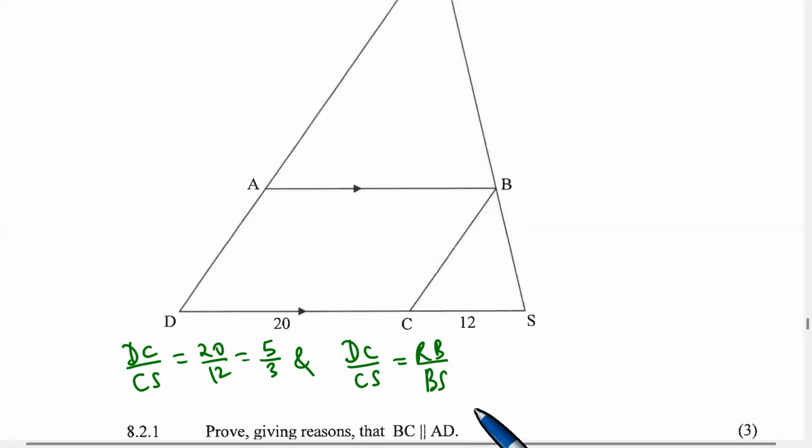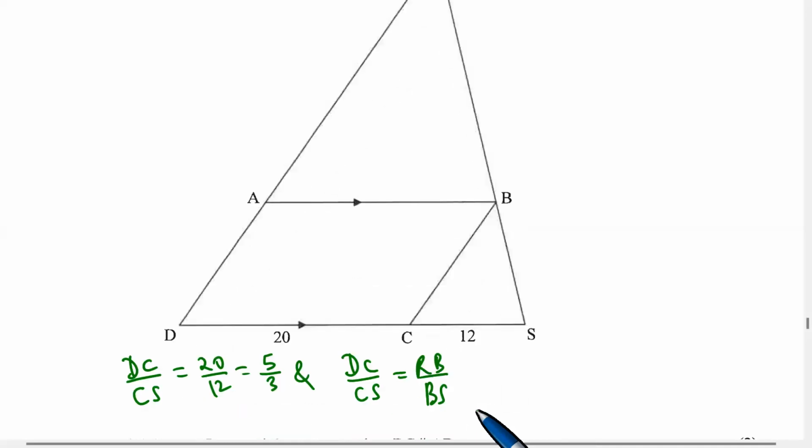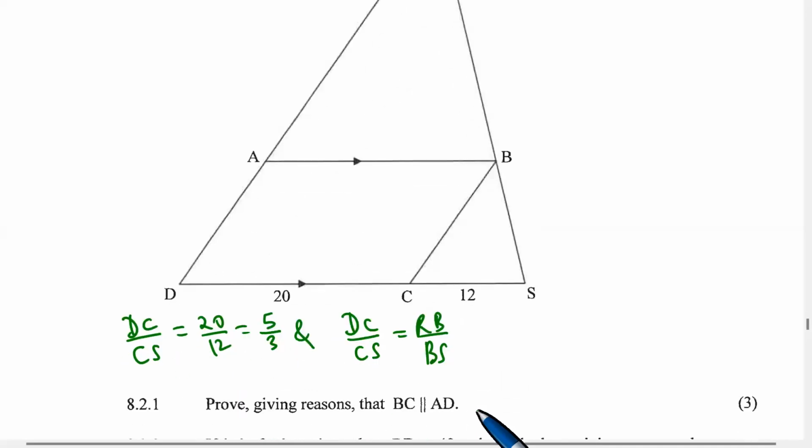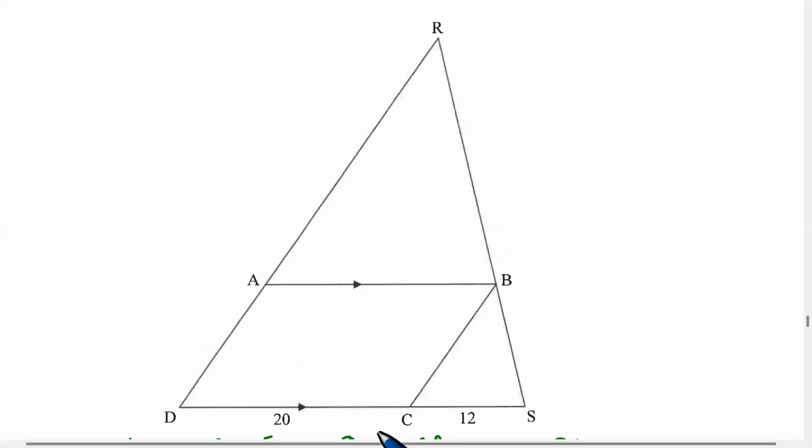So if this is the case, the conclusion therefore is that BC is parallel to DR, because the ratio of these to these is equal to the ratio of that to that.